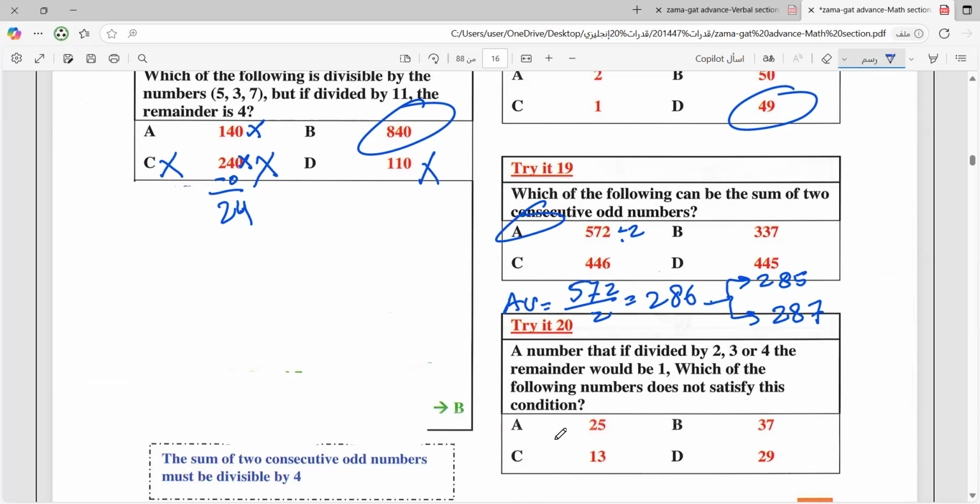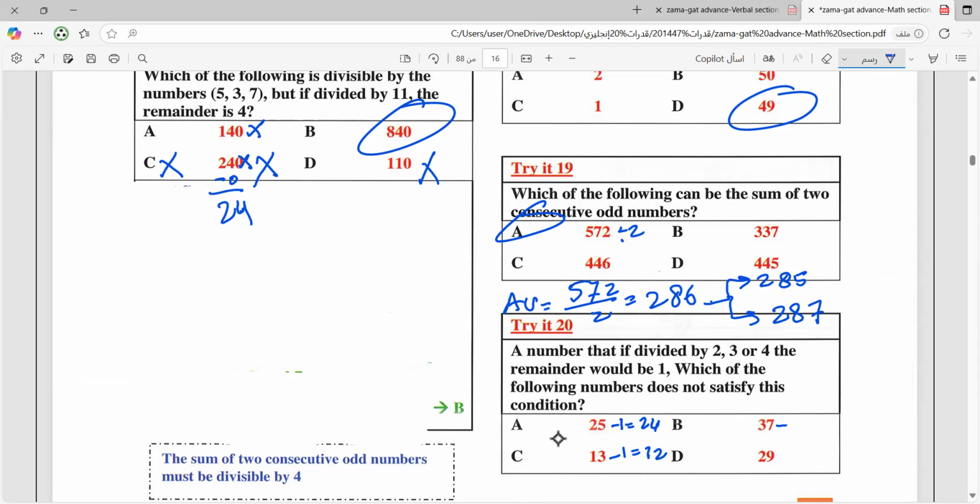Okay, last one, my student. A number that if we divide it by 2, 3, or 4, the remainder would be 1. Which of the following numbers does not satisfy this condition? If it said remainder 1, we subtract 1 first from all.